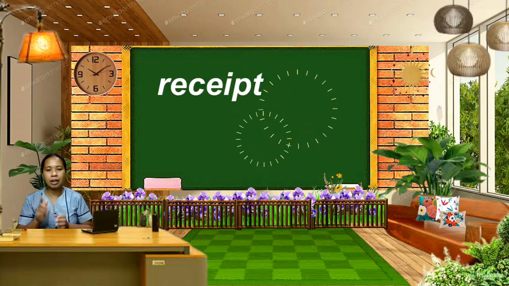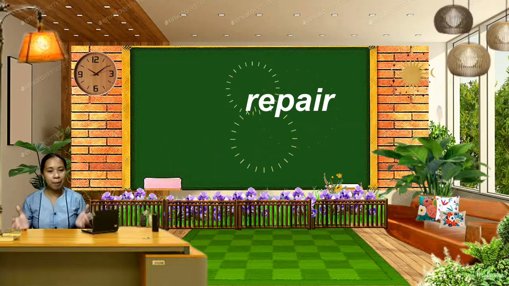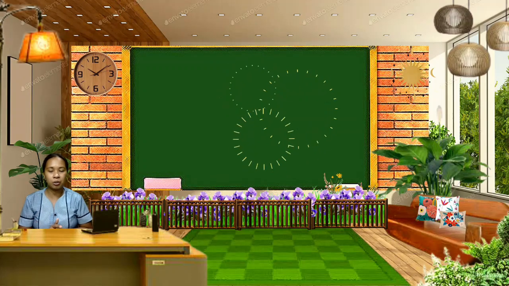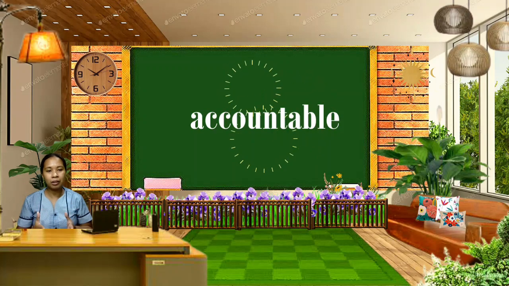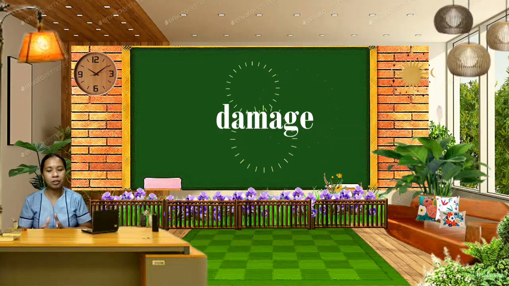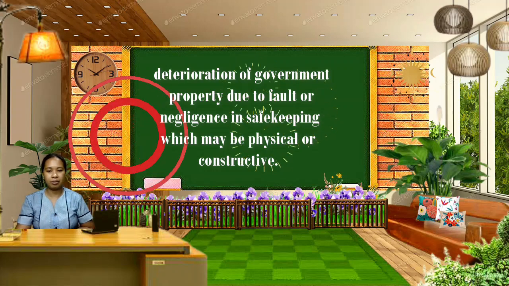This includes the receipt, safekeeping, issuance, repair and maintenance of supplies, materials, and equipment. The designated property custodian or officer is responsible, accountable, and liable for any loss, misuse, damage, or deterioration of government property due to fault or negligence in safekeeping, which may be physical or constructive.